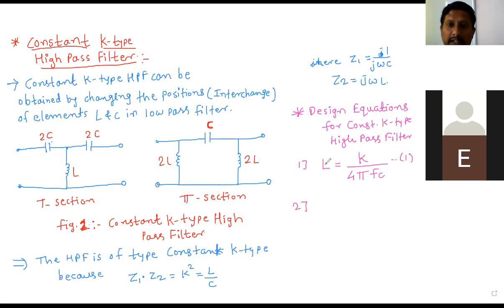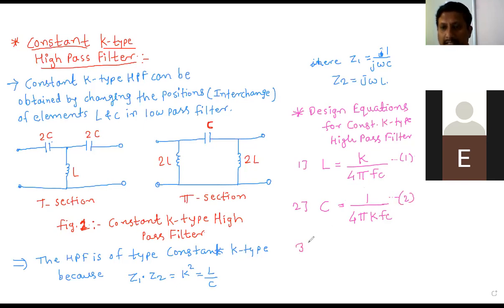I told that for inductor, K value is always in the numerator. That logic you can remember. Next, C is equal to whatever the inductor formula is, just take K in the denominator. So 1 by 4 pi K F C. This is my second equation.